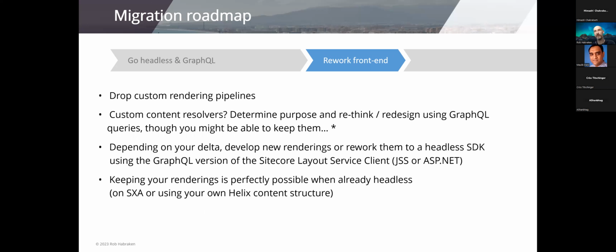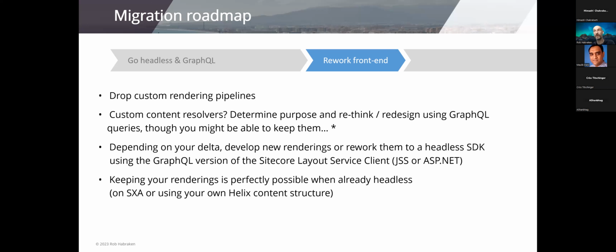And depending on your delta, you want to develop new renderings or rework them to a headless SDK using GraphQL or using the GraphQL version of the Sitecore Layouts service client. And that would either be JSS or ASP.NET because you have an option there.